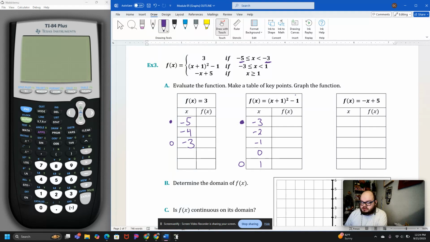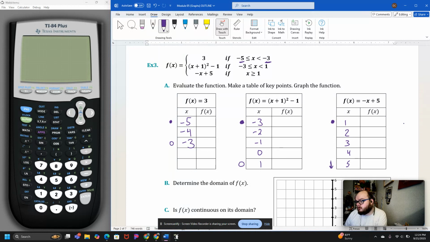The last one just says that the domain has to be greater than 1. So I'm just going to go 1, 2, 3, 4, and 5. And I would have a closed dot at 1 because it says it can be equal to. And it says greater than, so it's just going to keep going forever. So we would put an arrow on the end of that.